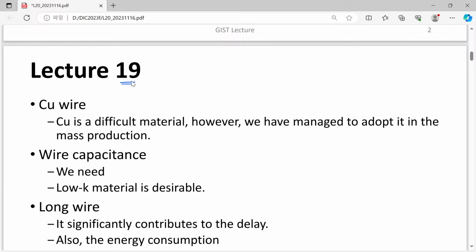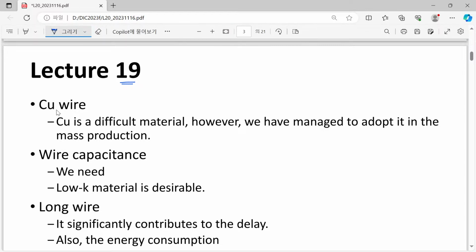Lecture 19 was the second lecture devoted to the interconnect. At the time, we studied copper wire. Previously, aluminum was the material used as an interconnecting material. However, now we introduce copper into it.